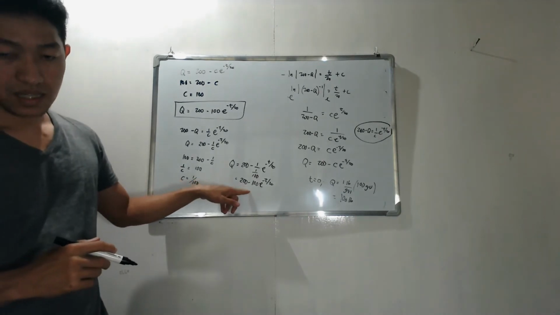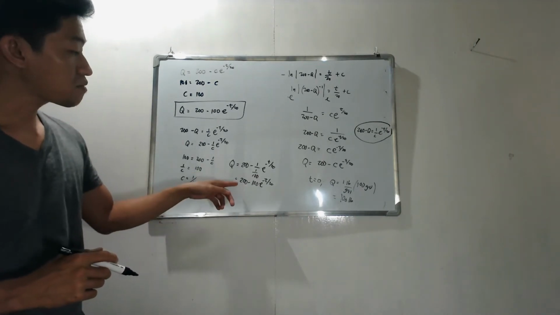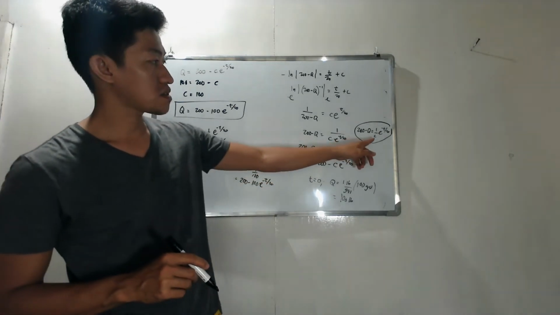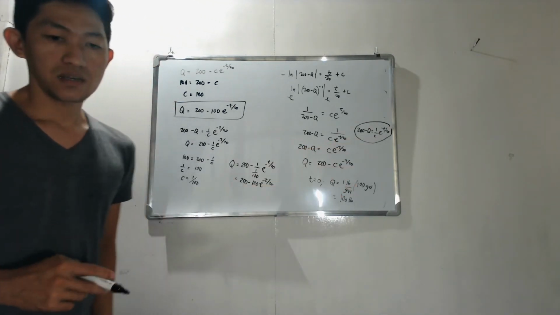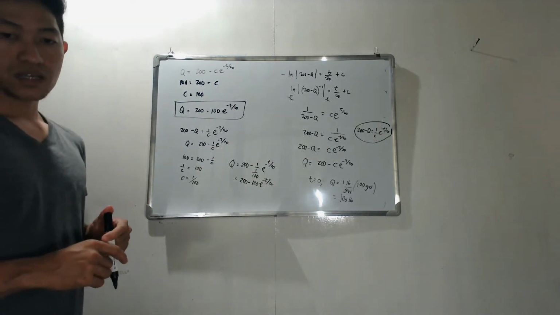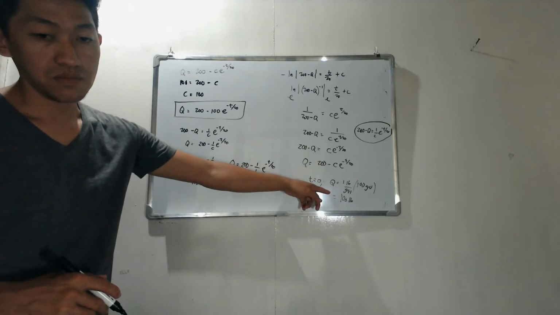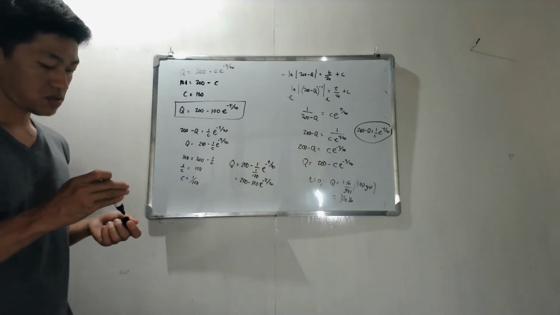We have seen that you will also arrive at this equation even though you use this one or this one. That is because we substitute the boundary condition.